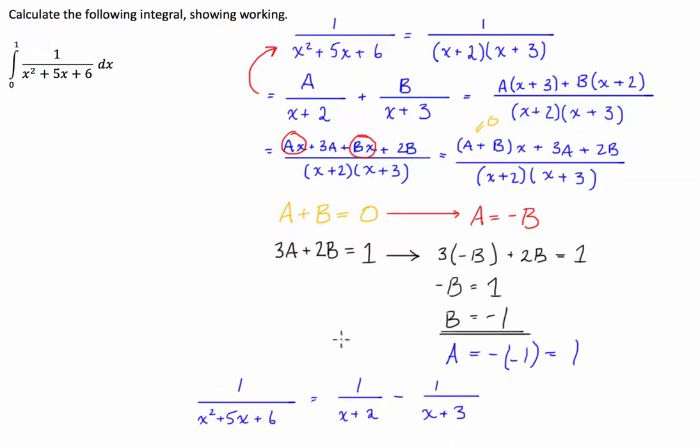Because these two things are equivalent, that's what we've spent all this time doing, trying to get the quadratic denominator in the original fraction into two linear denominators, which we have now.